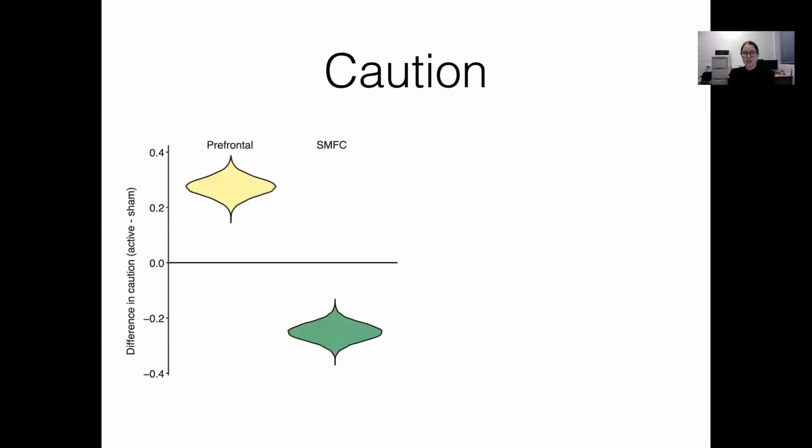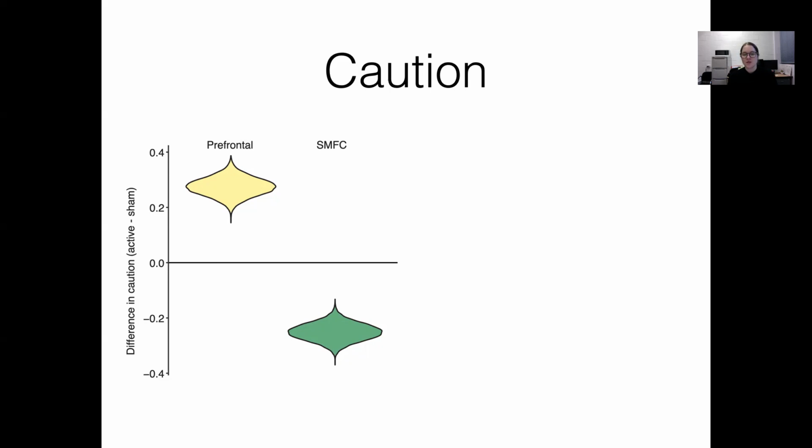In terms of the effective stimulation, when we collapse across those 3 different blocks, we find quite a strong effect from stimulating both regions on caution. This graph is showing the difference in caution between the active and sham conditions. A positive number means there was an increase in caution with stimulation, and a negative number means there's a decrease in caution with stimulation.